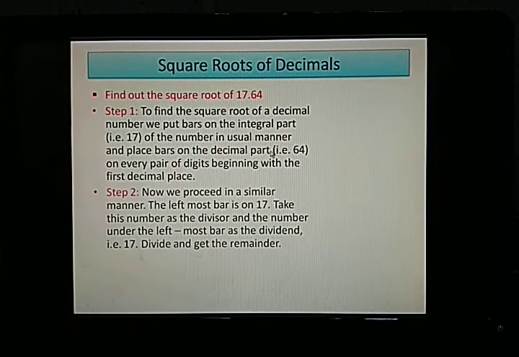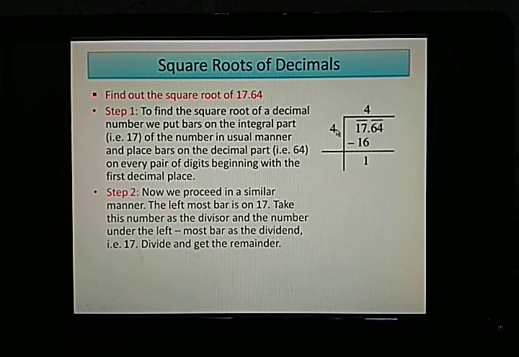So we'll place the bar over 17 and over 64. Now we'll proceed in a similar manner, the same thing as in the other 2 methods that we have seen. So you can see here we have placed the bar over 17 and over 64.